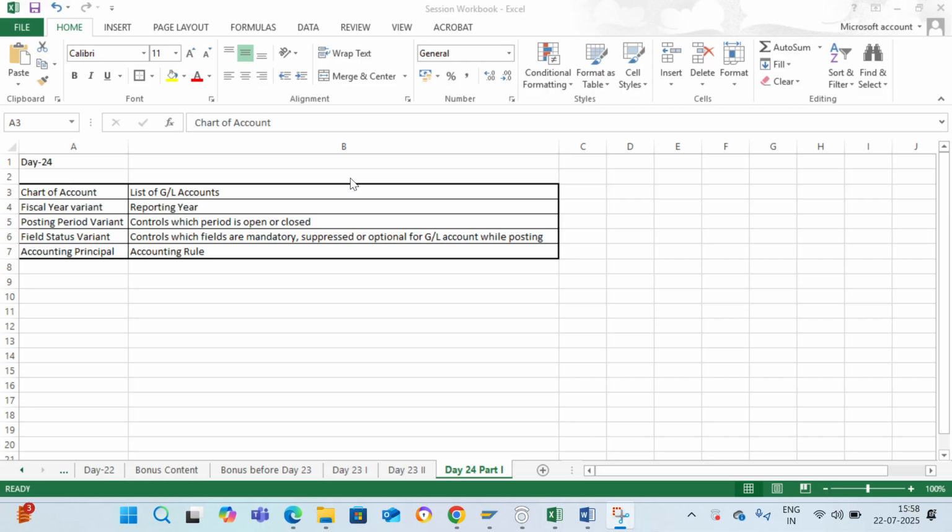All those sort of GLs are contained in the chart of account. By hierarchy, we have at the top the chart of account. Within the chart of account, we have account groups, and in the account groups, we have GL accounts.